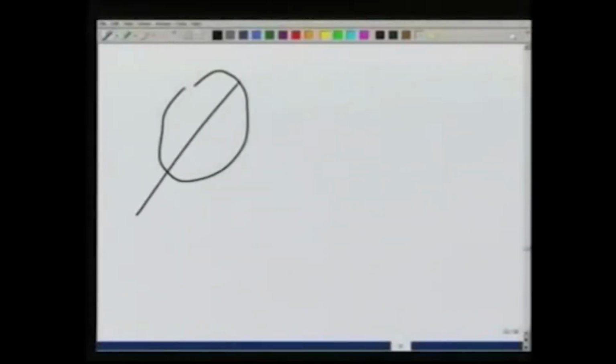So, let us rewrite it. We have a situation where all the forces are concurrent on a line, that is, they all intersect one particular line which we are taking to be the z axis.